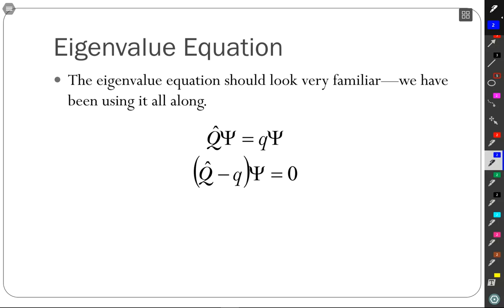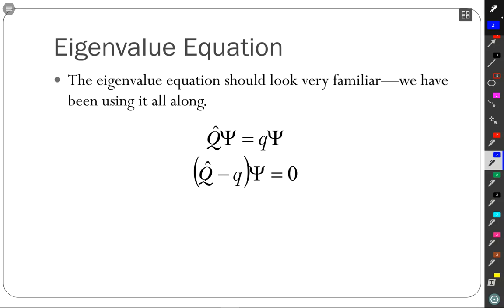Every operator is going to have its set of eigenstates. So far, we've been using the Schrodinger equation. That's the Hamiltonian operator. And so we've been finding the eigenstates for the Hamiltonian operator, and the eigenvalues for the Hamiltonian operator, which are the energies. So it doesn't have to just be the Hamiltonian that you find a wave function for.